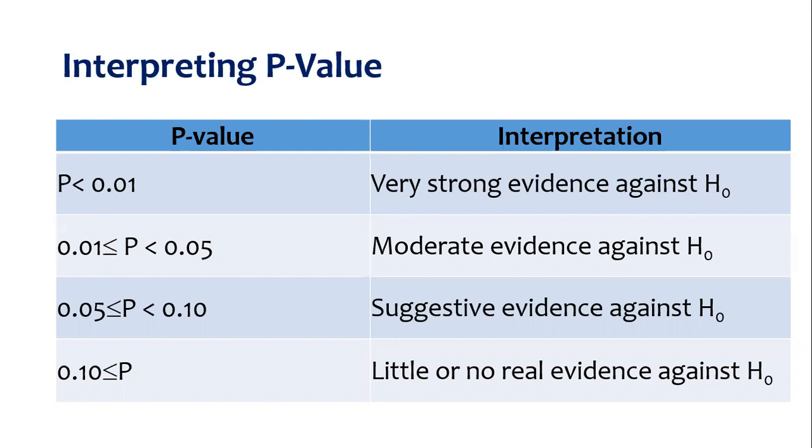When your p-value is below 0.01, that means you have very strong evidence against the null hypothesis, and you reject the null hypothesis. If it's between 0.01 and 0.05, that's moderate evidence against your hypothesis, and you reject your hypothesis.